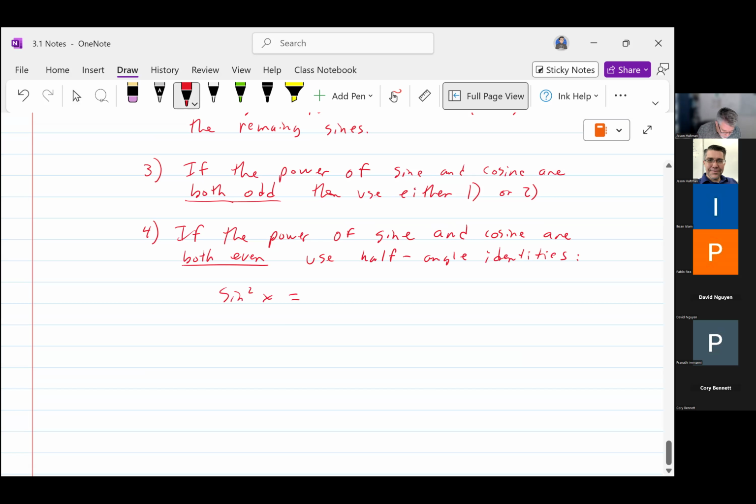Sine squared x equals 1/2 minus 1/2 cosine 2x. Cosine squared x equals 1/2 plus 1/2 cosine 2x, and sine 2x is equal to 2 sine x cosine x. Okay, so we have these identities there.